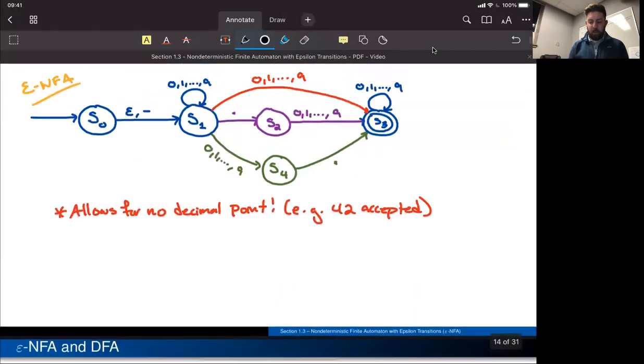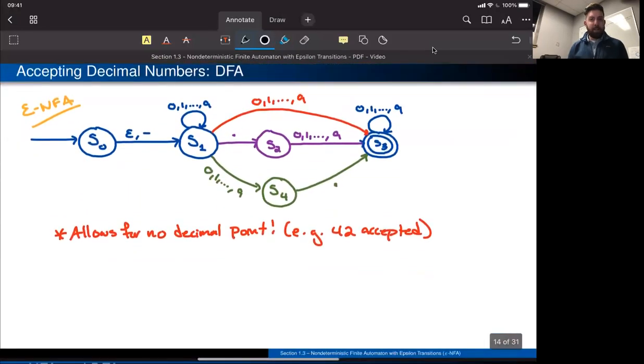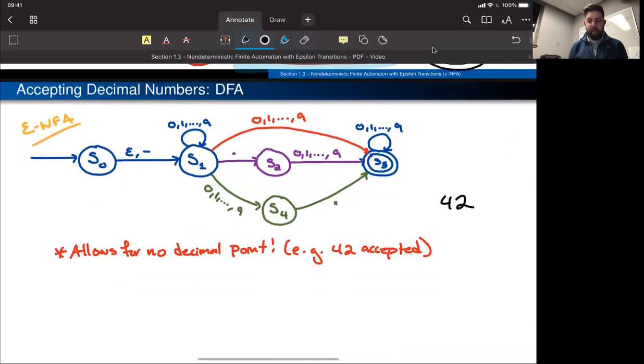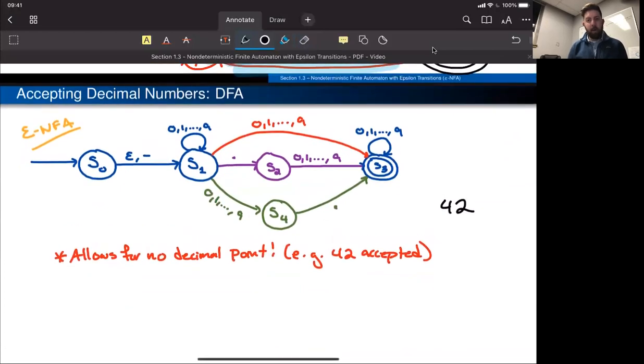Before we jump into a couple more examples, I should allude to the kind of weird scenario that I mentioned at the very, very beginning, which is that our original machine would have rejected something like the number 42 because it didn't have a decimal point in it. So if you wanted to fix that, you could create one additional transition that skips the decimal places all around and then jumps into state S3.